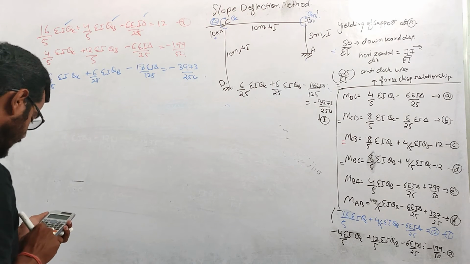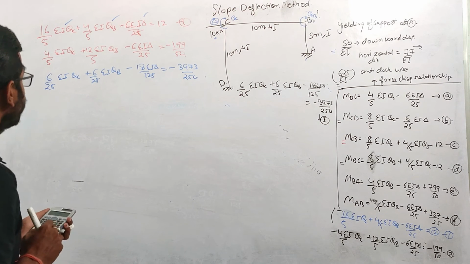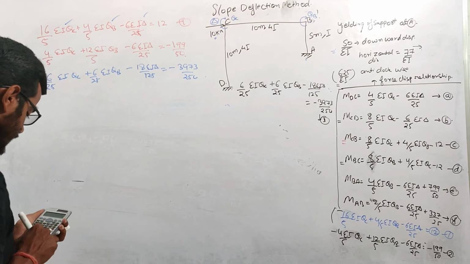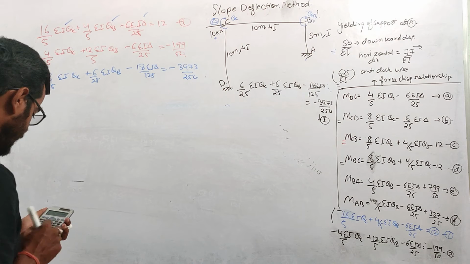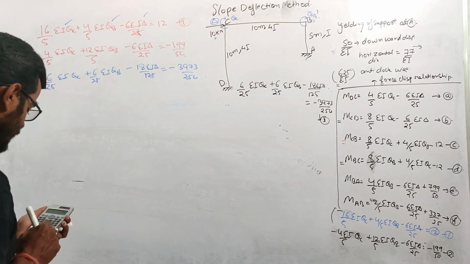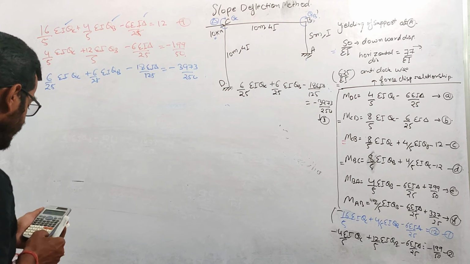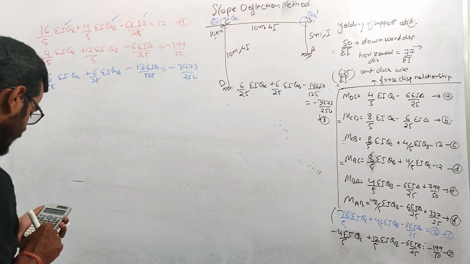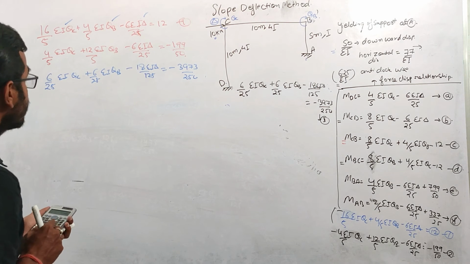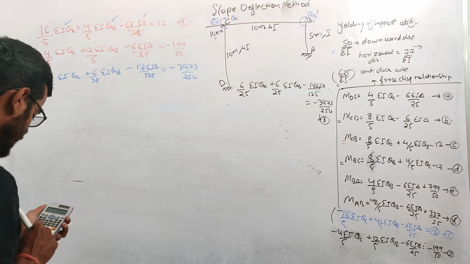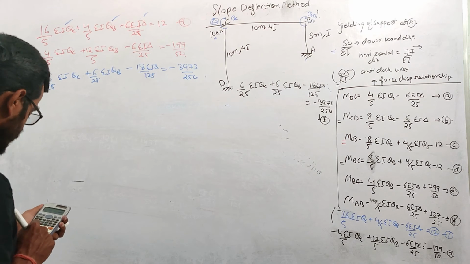A is 16 divided by 5, B is 4 divided by 5, C is minus 6 divided by 25, D is 12. E is 4 divided by 5, B is 12 divided by 5, C is minus 6 divided by 25, D is minus 199 divided by 50.